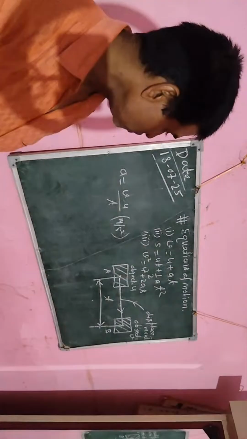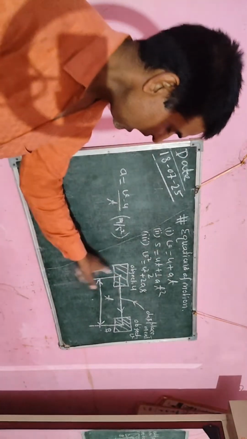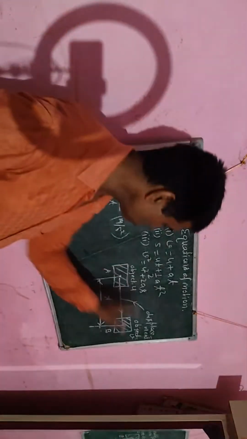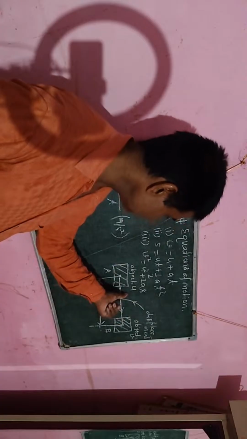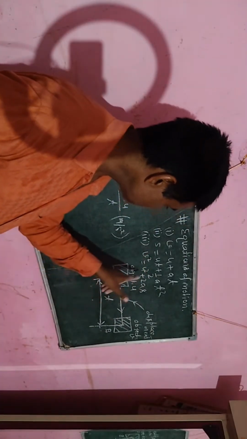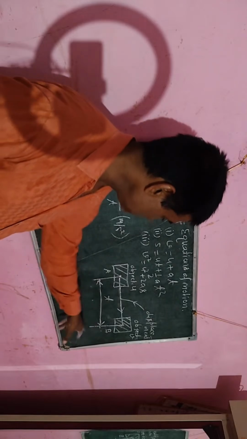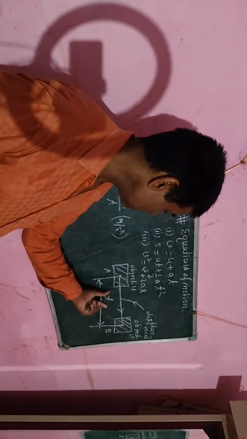Okay, so this particle, whose name is A, is moving from point A to B. It is traveling a distance, thus we have to get that s value, and also from A to B I have to take the time interval t.